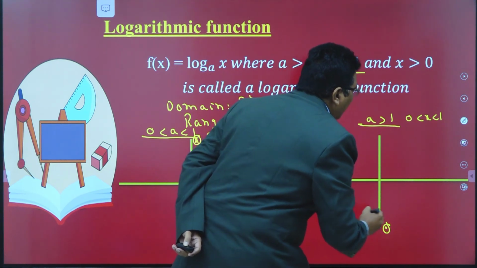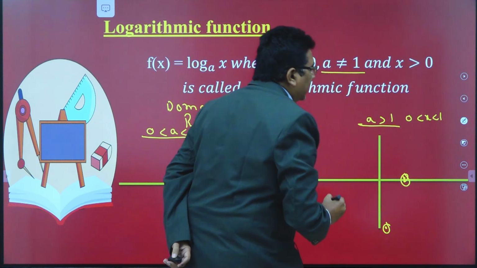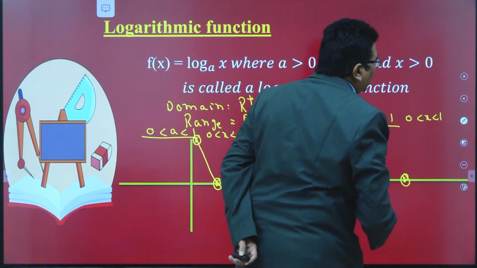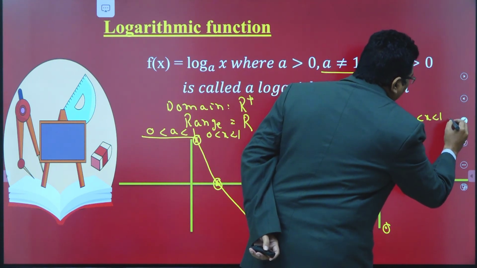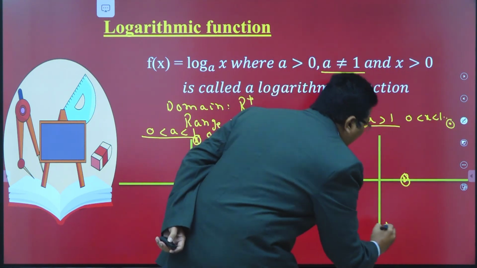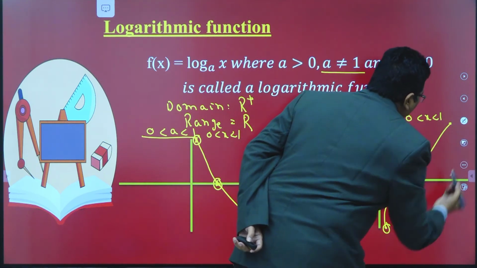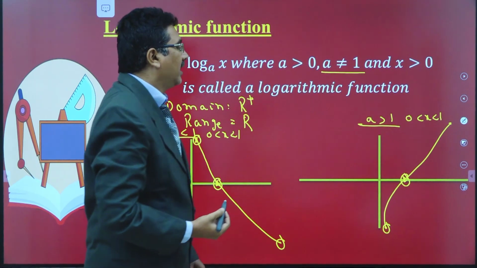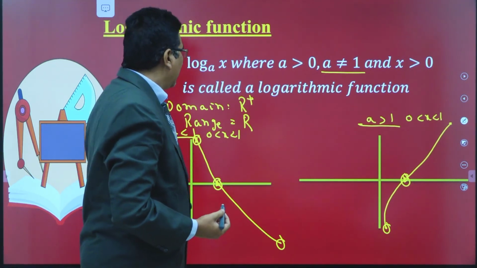Now log 1 to any base is equal to 0. As x tends to infinity, log x base a tends to infinity. Now joining these points, we get the graph of log x base a, where a is greater than 1.